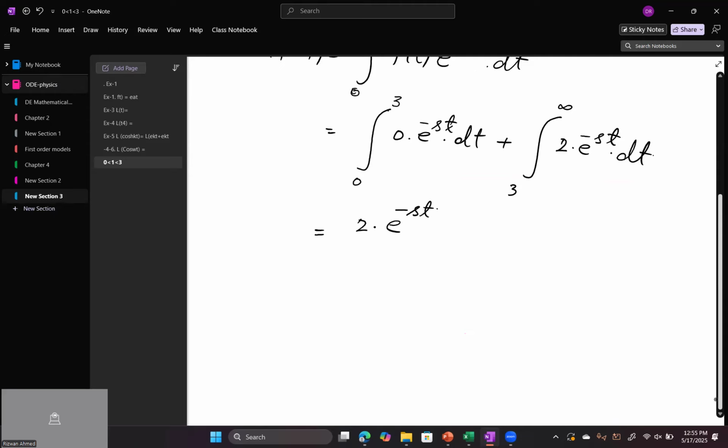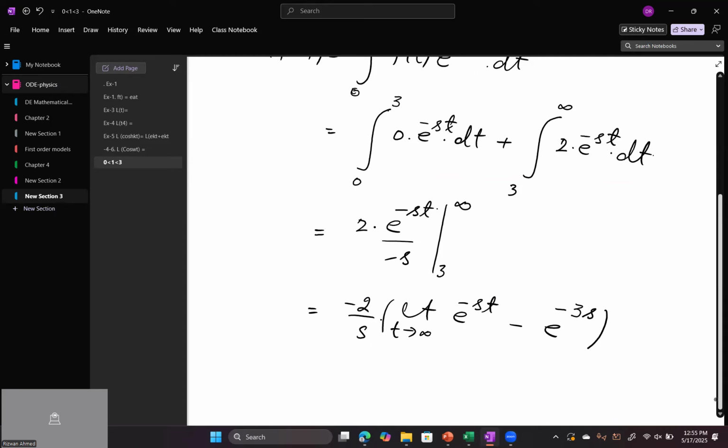So e raised to the power minus st over minus s, evaluated from 3 to infinity. So it is 2 over s, then limit t goes to infinity of e raised to the power minus st, minus e raised to the power minus st with t replaced by 3.